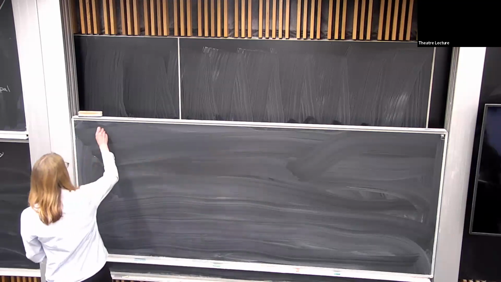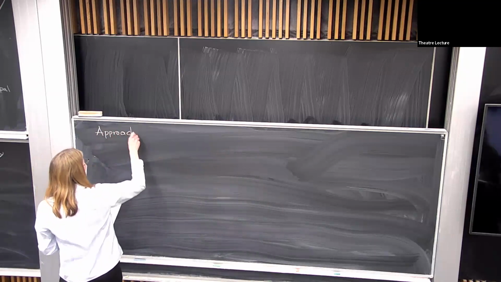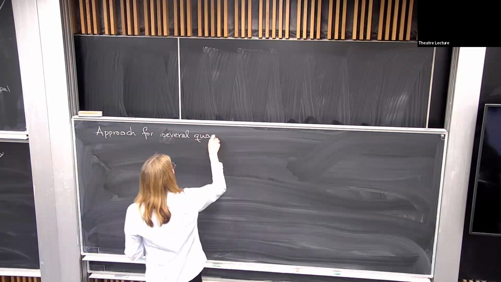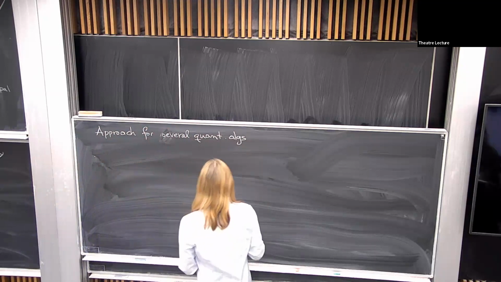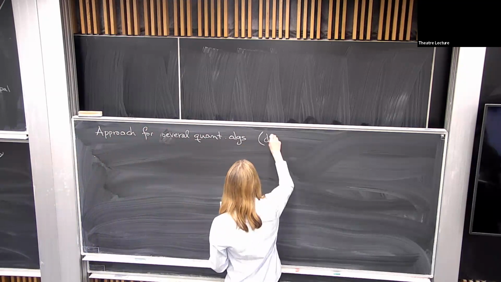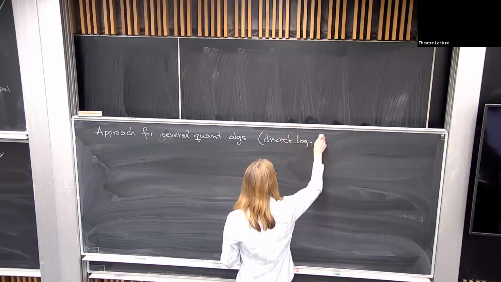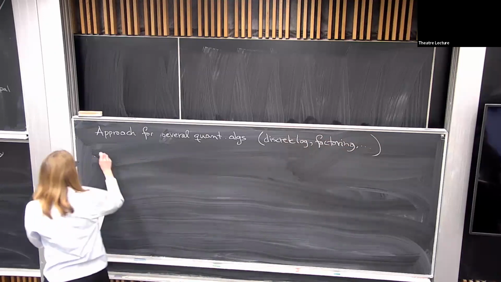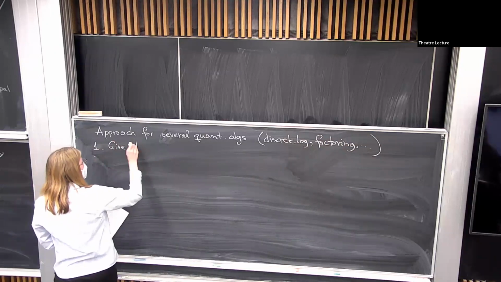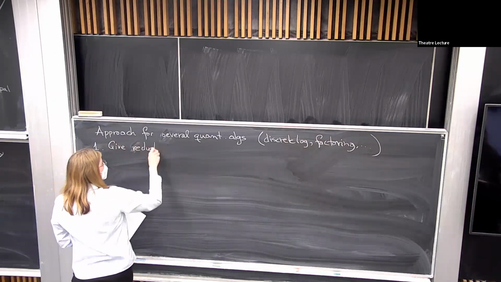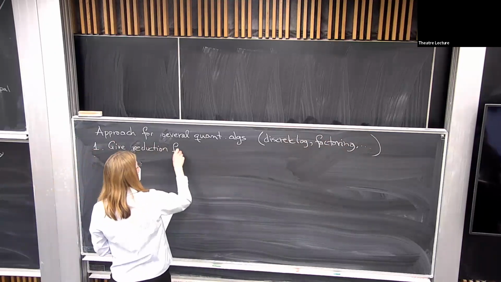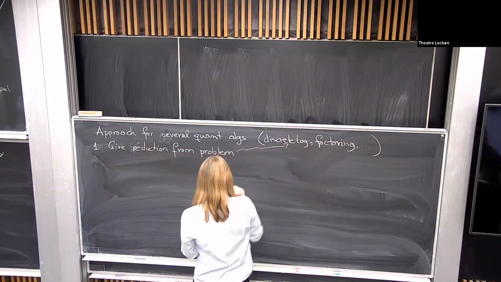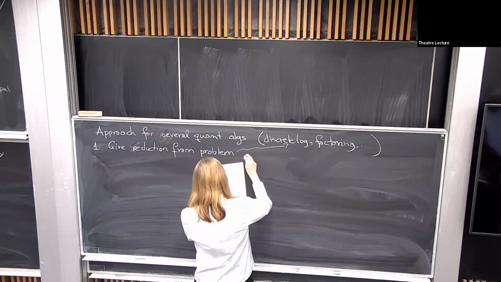So the approach for many quantum algorithms, the initial result may not have framed it like that, but for example discrete log, factoring, also Pell's equation, though there I already have to be a little bit careful because the group gets a little bit big, is to give a reduction, often, from the problem you want to solve, like discrete log or factoring, to a hidden subgroup problem.